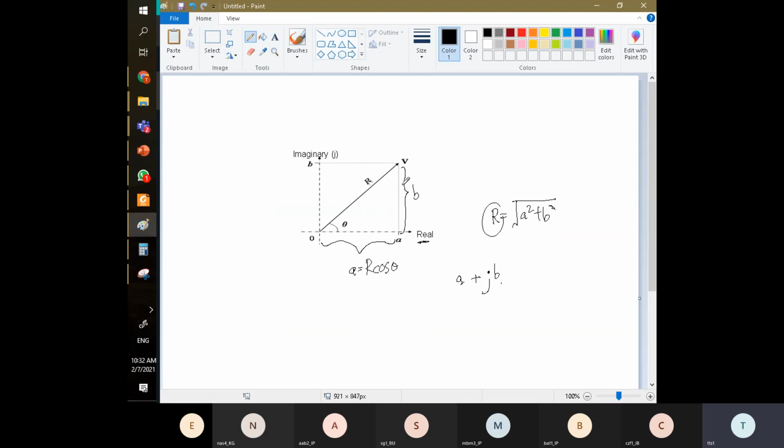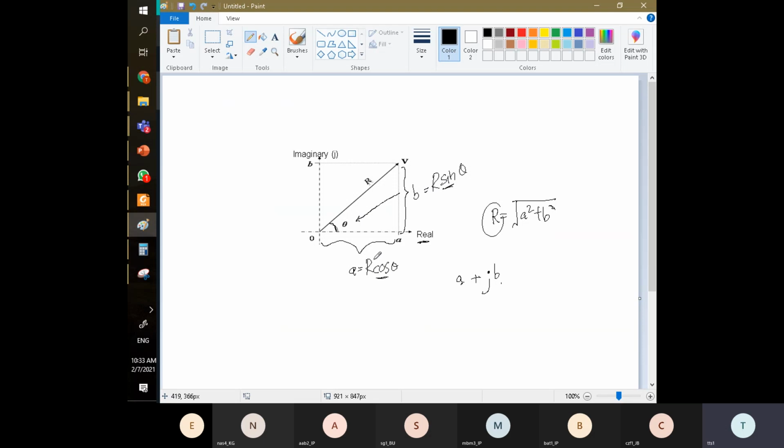So b is equal to r times sine theta. Sine, because b is directly facing this angle here.